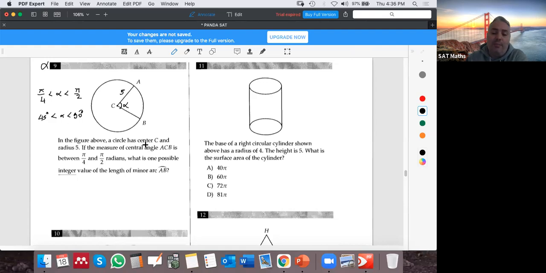This is alpha. Okay, what is the question? What is one possible integer? So what is integer? Plus minus 1, plus minus 2, plus minus 3, even 0, and so on.